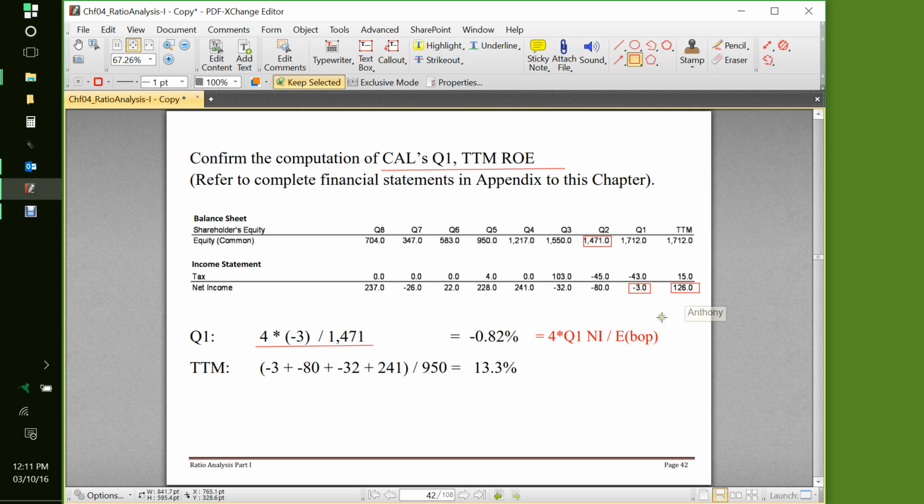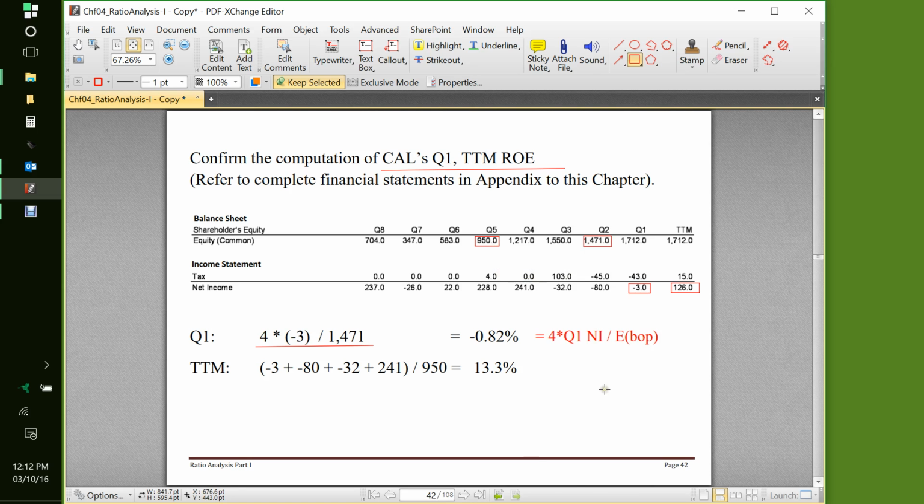And the denominator now, what's the beginning of the period for the year? It's the very end of Q5, right? So I'm going to need this number, because this is the beginning of the year. It's the end of the previous year. This is equity as of 12/31, end of the prior year, and that's the same as equity a nanosecond later at the very beginning of this year, okay?